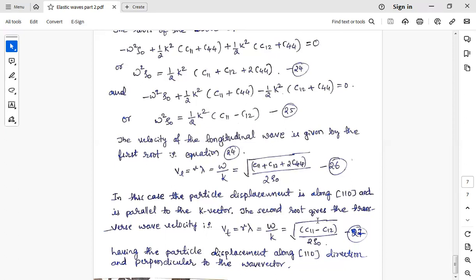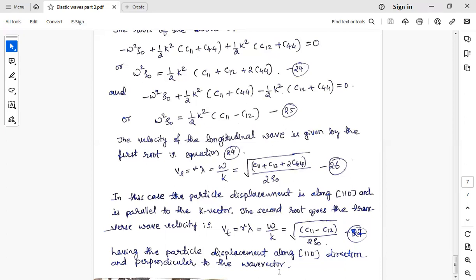The second root, equation 25, gives the details of the transverse wave. So Vt is equal to nu lambda, and simplifying again, omega by k is equal to the root of C11 minus C12 divided by 2 rho naught, having the particle displacement along the 100 direction and perpendicular to the wave vector.